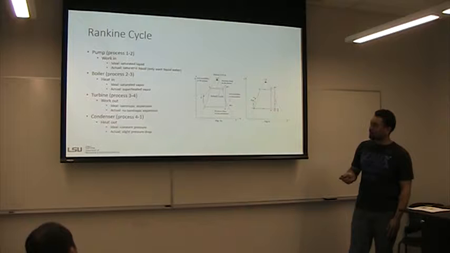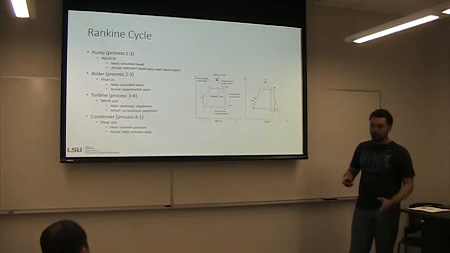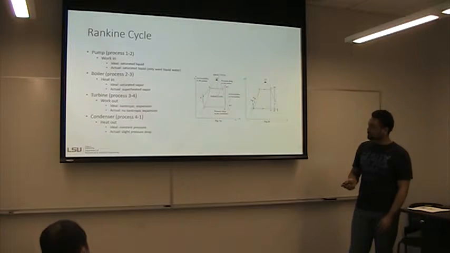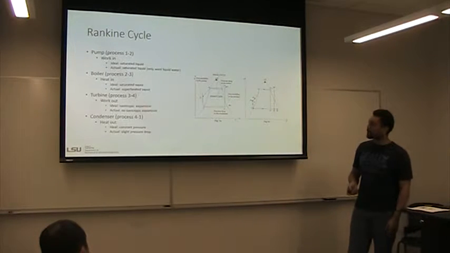So at the pump, you have a work in, and ideally, you want this to come out as saturated liquid in both the actual and the ideal state, because pumps don't like water in the mixture phase. And then in the boiler, you have a heat addition in, which was that liquid propane that we used, which supplied the heat to the boiler.